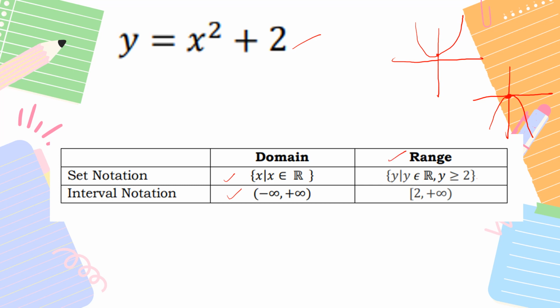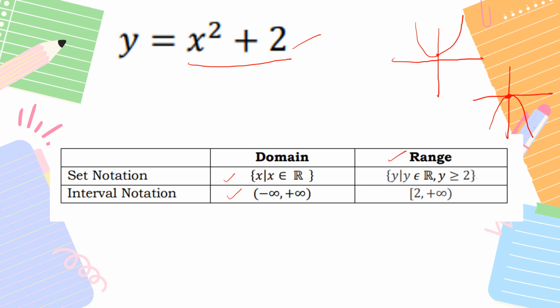For the range, since the given is x squared plus 2, we have y such that y is greater than or equal to 2, or from 2 to positive infinity.